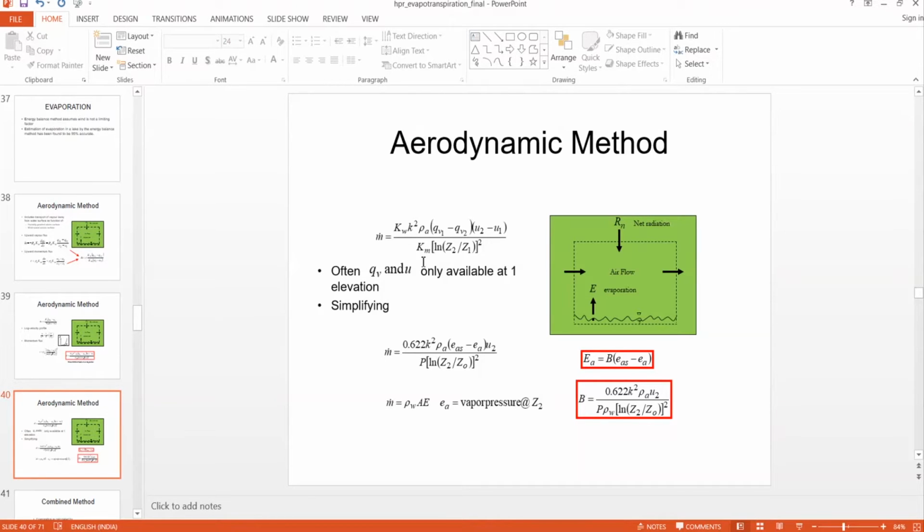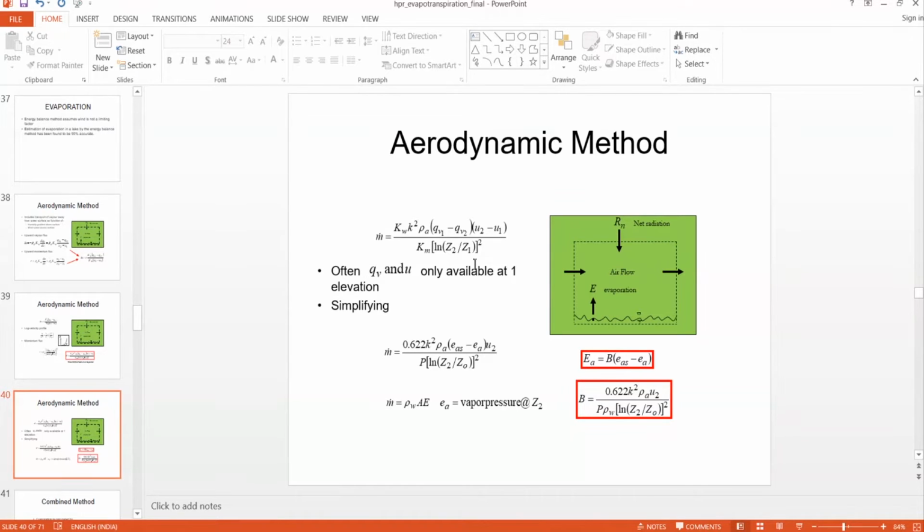So you look at this equation where the q1, q2, u1, u2 are needed at two locations. But we can simplify this equation. We can have measurements of only specific humidity and u2 at only one location, because near the ground surface, near the water level, that is z0, u is equal to 0, and the vapor pressure is the saturated vapor pressure, because q is nothing but 0.622 E by P. So we can substitute that.